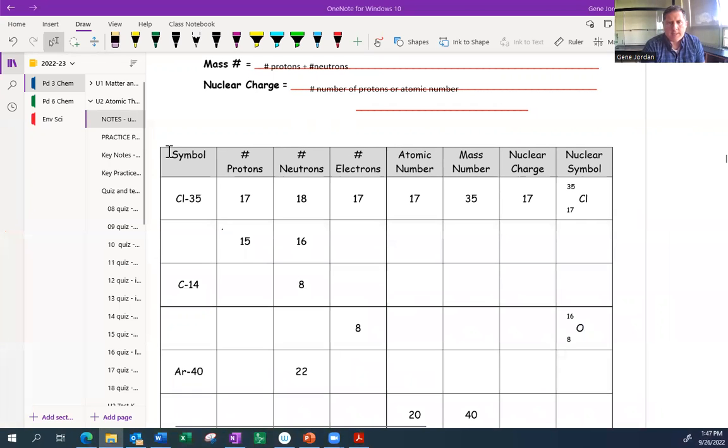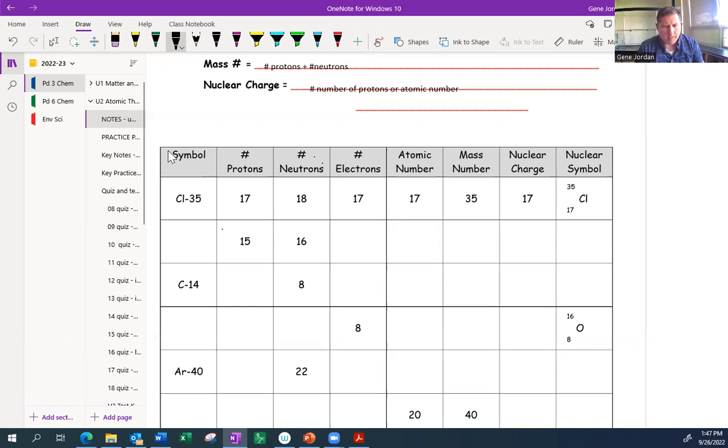All right, let's go and do this for the next one together. We're going to do them all. All right, so we don't know anything about what this element is, but we know its number of protons. So I'm hoping you recognize protons is the element number. So I'm looking for element number 15 on the periodic table.